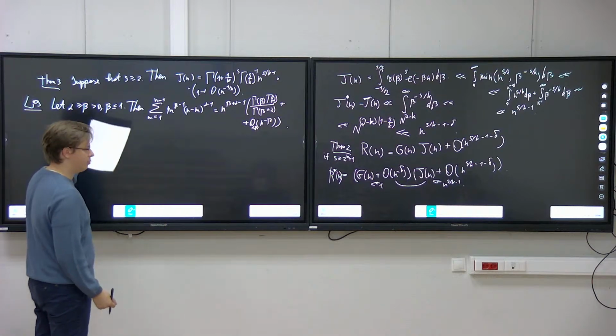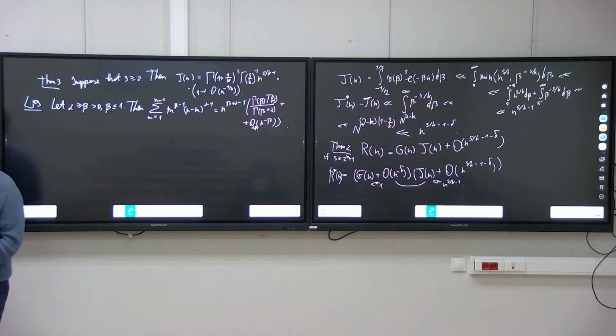How do you prove such a lemma? Do you remember anything about the beta function? This is the beta function, is it? Yes. Let me remind you.